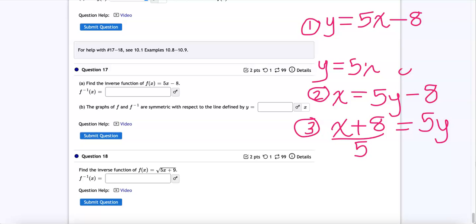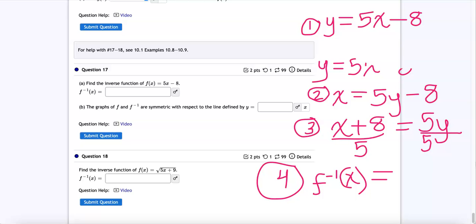I can then move on to step 4, which is to replace y with f inverse of x. And so that is going to now give me f inverse of x is equal to x plus 8 over 5.